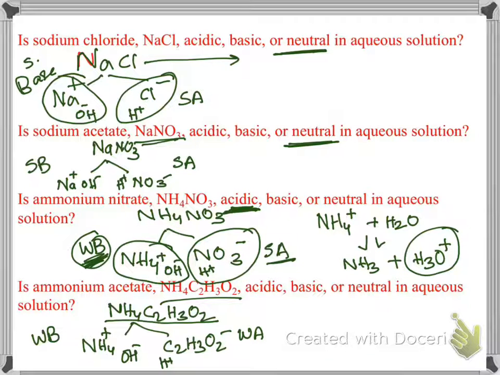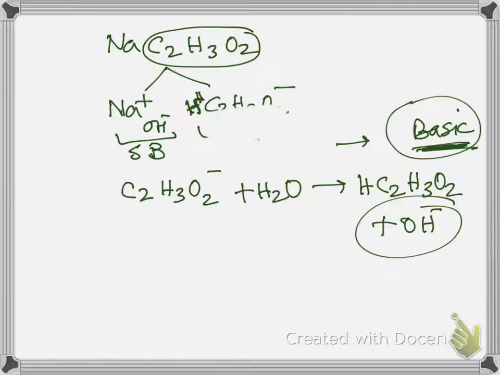That means when we put them in water, both of them will produce the corresponding strong conjugate acids or bases. Then in this case, how do you decide whether the salt is acidic, basic, or neutral? Let me pick a different slide. Here I'll show you how the salt was formed.